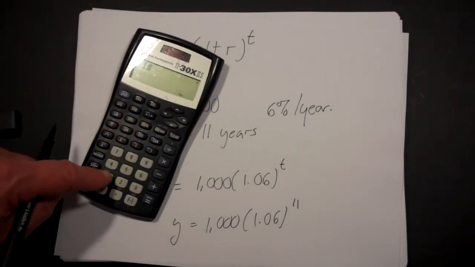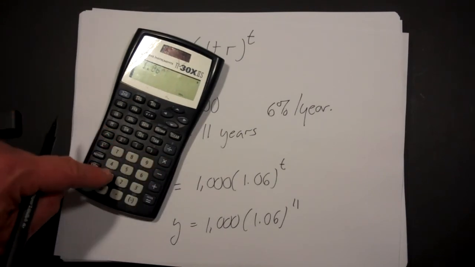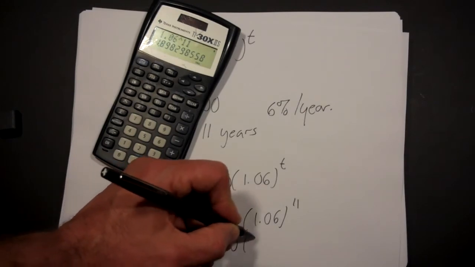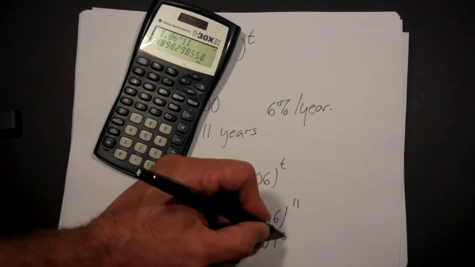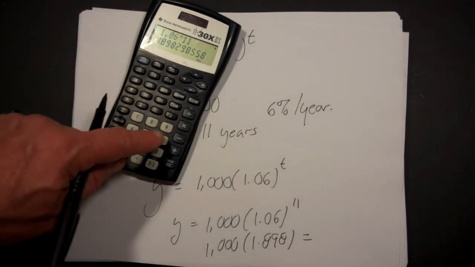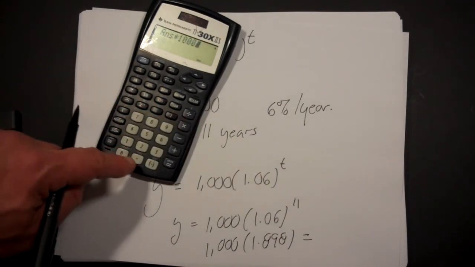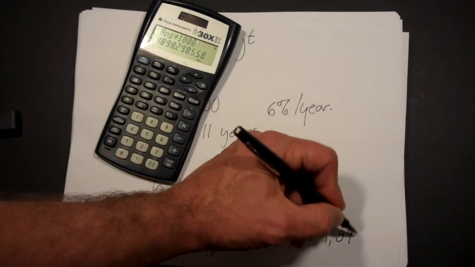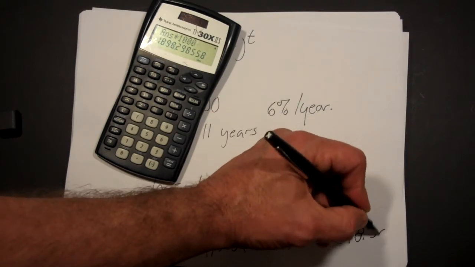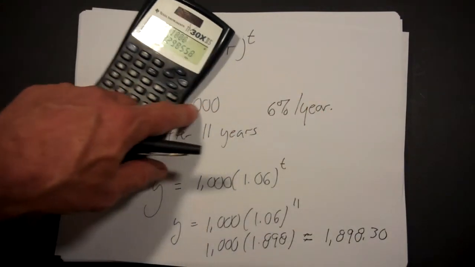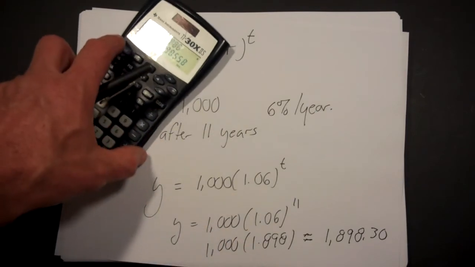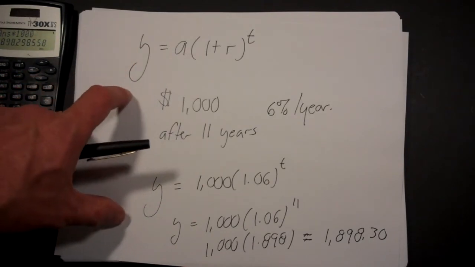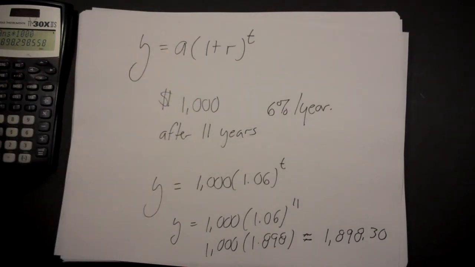You go first 1.06 raised to the 11th, which is about 1.898, times 1,000, and you get about $1,898.30. It turns out that this is just a simple growth problem, but here the key is this is compound interest. This is called a compound interest problem.